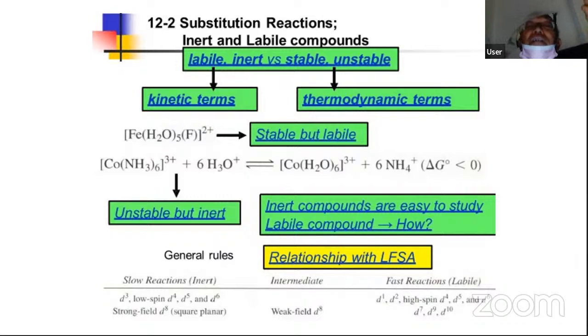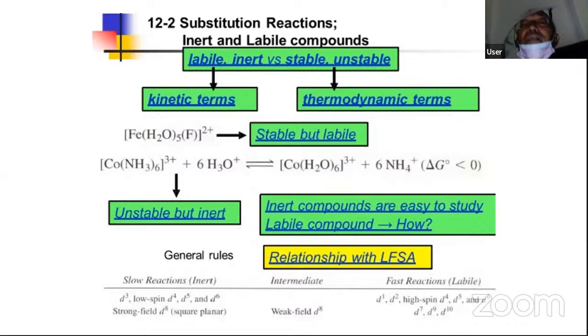That intermediate is sometimes stable, sometimes unstable. Unstable means the intermediate forms within a second, within a nanosecond. So there is a kinetic term for this concept: labile, inert, stable, and unstable.